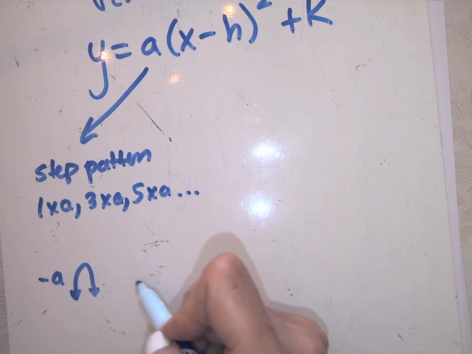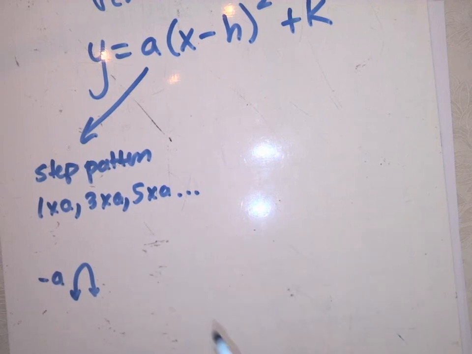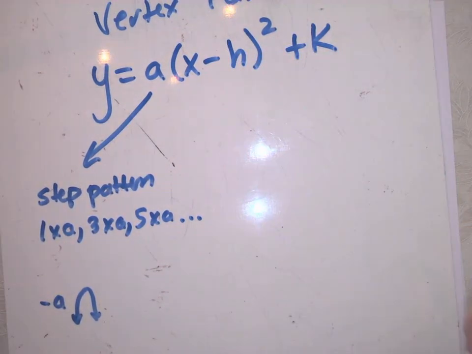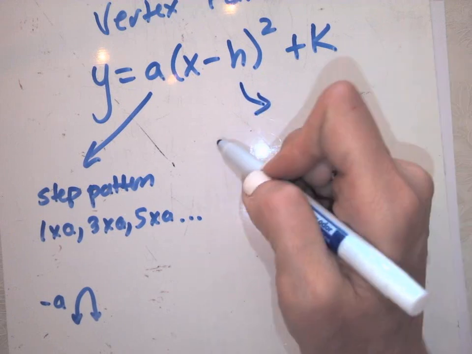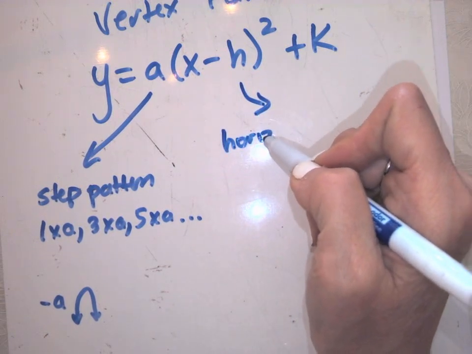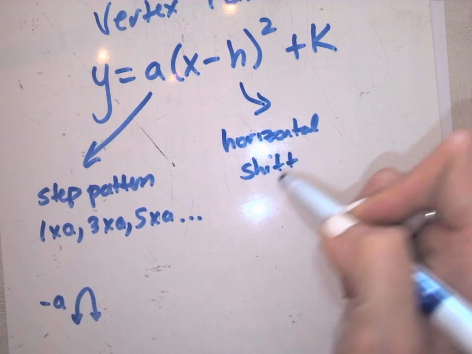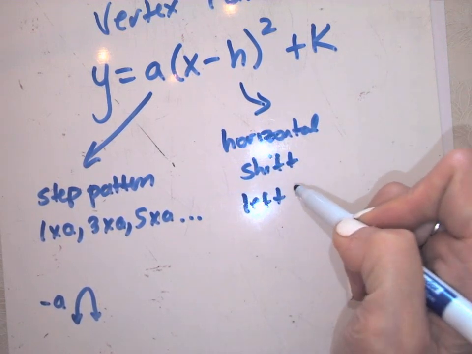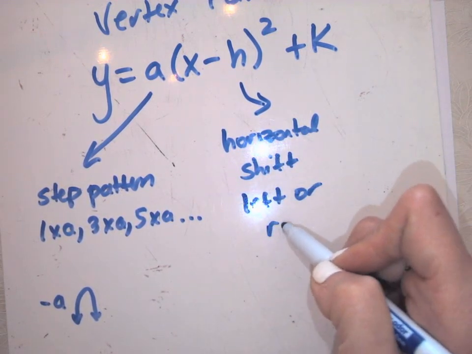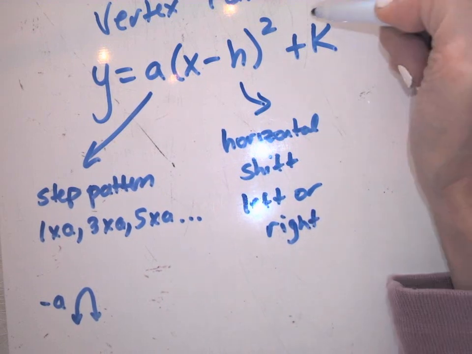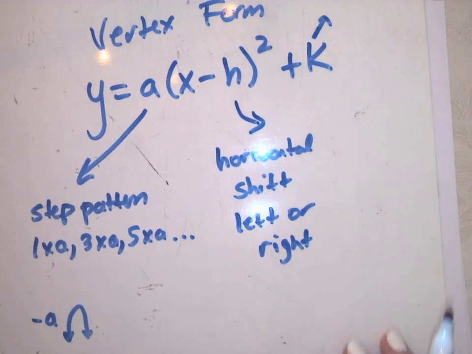And a positive a just stays the same, normal. And h is our horizontal shift, left or right. And k is our vertical shift, up or down.